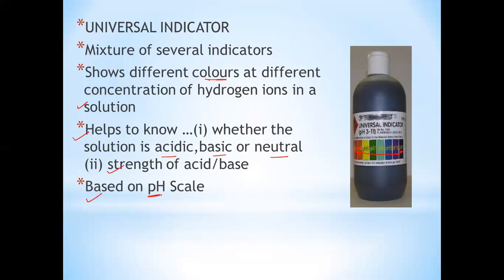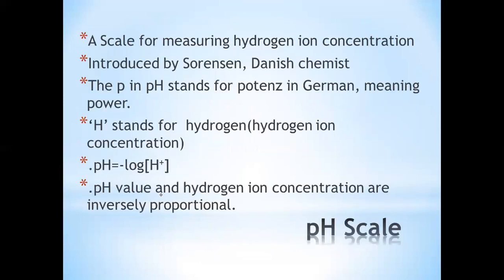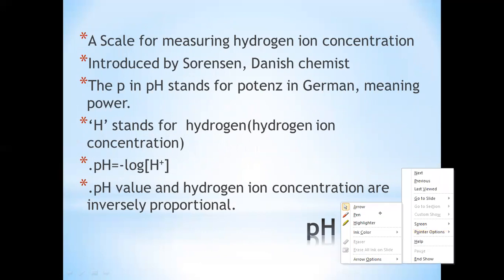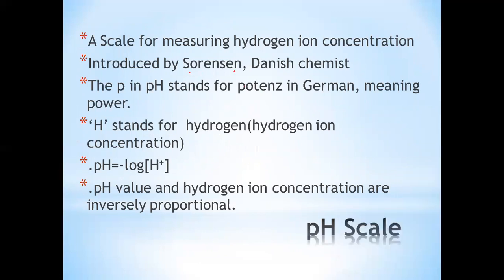Now what is this pH or pH scale? pH scale is for finding H positive ion concentration in the solution. It is introduced by Sorensen. In pH, P stands for potential, that is power or potential.